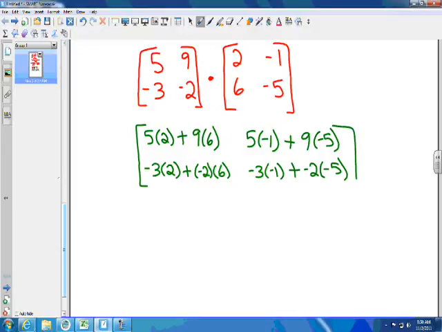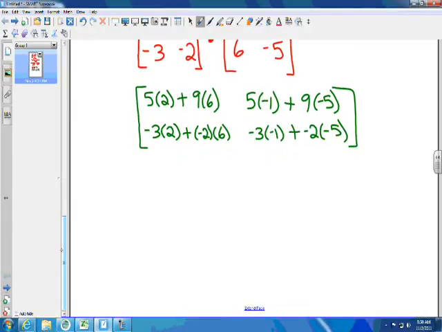So for the top left, we'd get 10 plus 54, so we would get 64. And what would we be doing over here on this one?